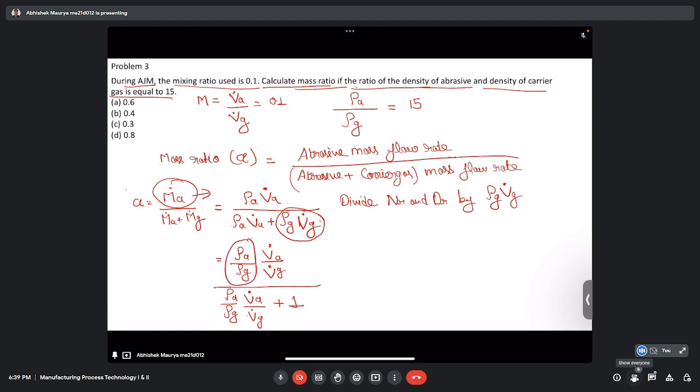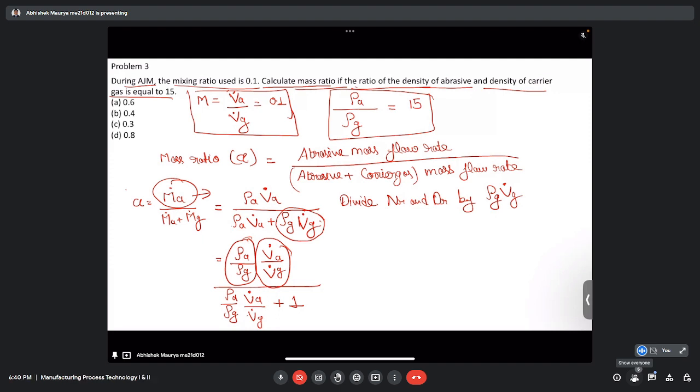Here it is the ratio of density of abrasive and the density of carrier gas, which is already given. And the other is also known. It is the volume flow rate of abrasive divided by the volume flow rate of gas. So that is here.